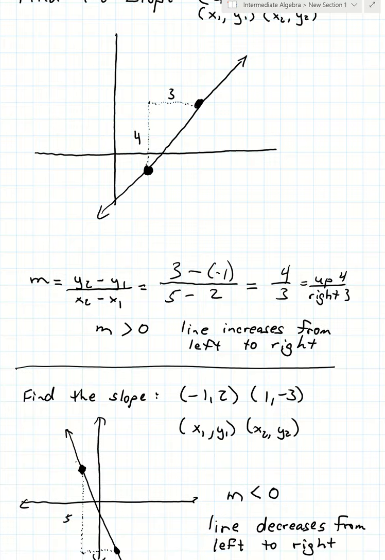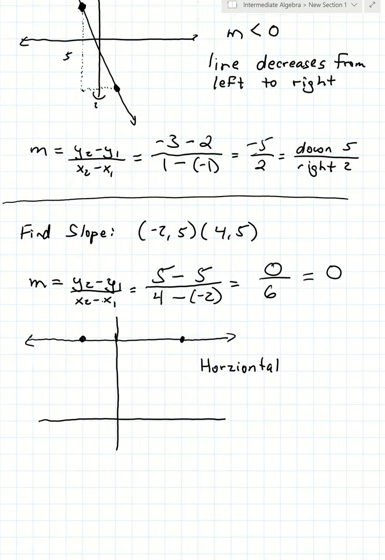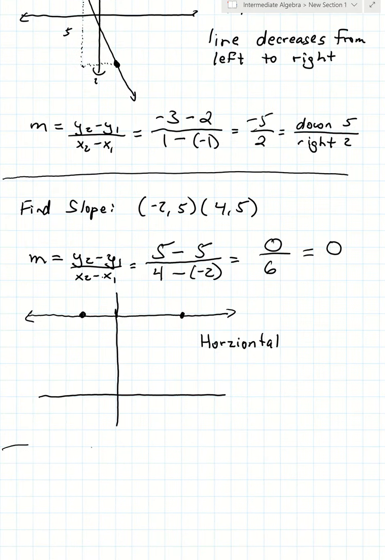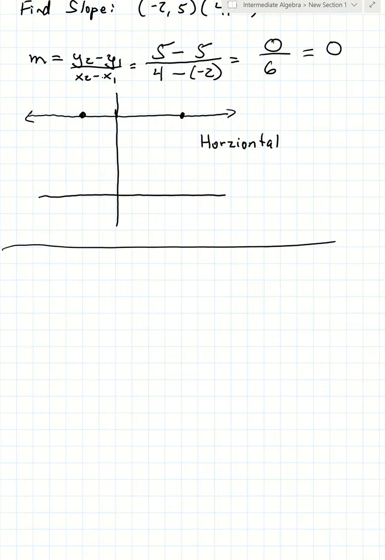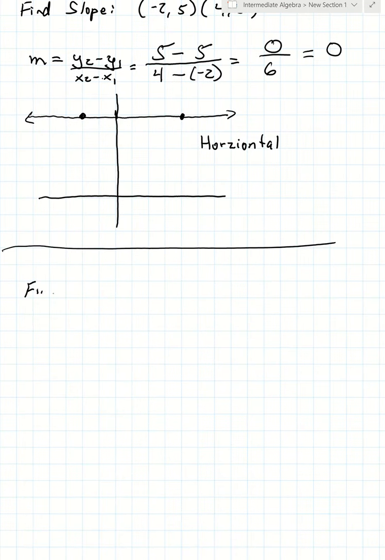Let's see what else we can figure out. Let's try one more, a little bit different. Once again, you're going to be asked to find the slope. And here now, let's say we have the ordered pairs (3, -1) and (3, 2). We want to find the slope, m.